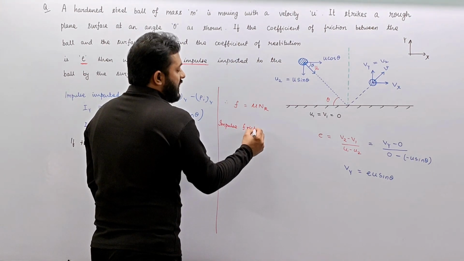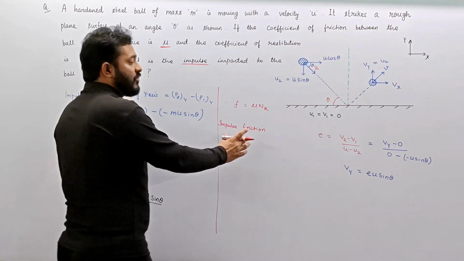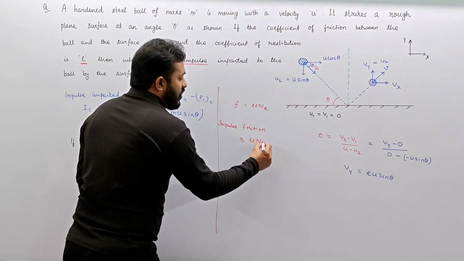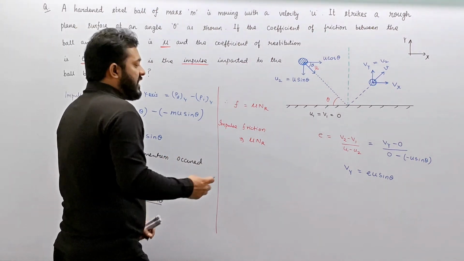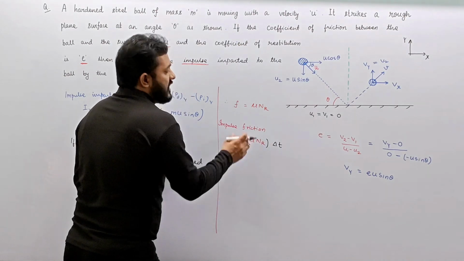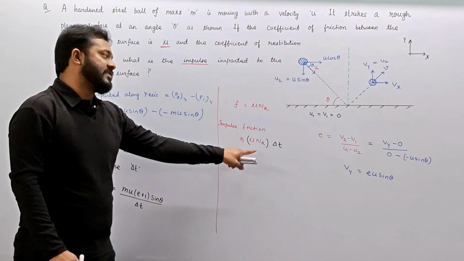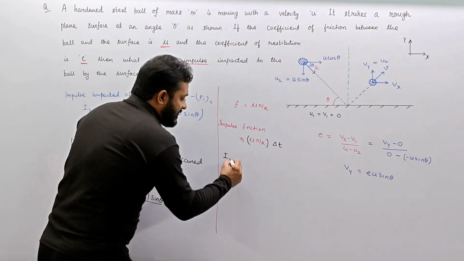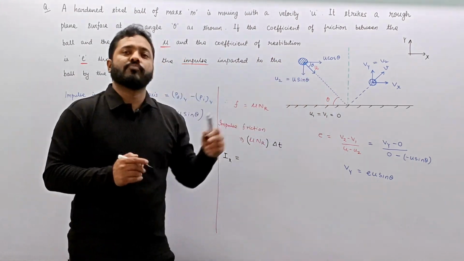We are just calculating impulsive friction. We are not considering the weight, because we are just calculating impulsive friction, and this is equal to mu multiplied by the normal reaction force multiplied by delta t. This is friction and this is impulsive friction, where we calculate it as F into delta t. If we solve this, we get the impulse in the x direction, because friction is going to oppose this motion.